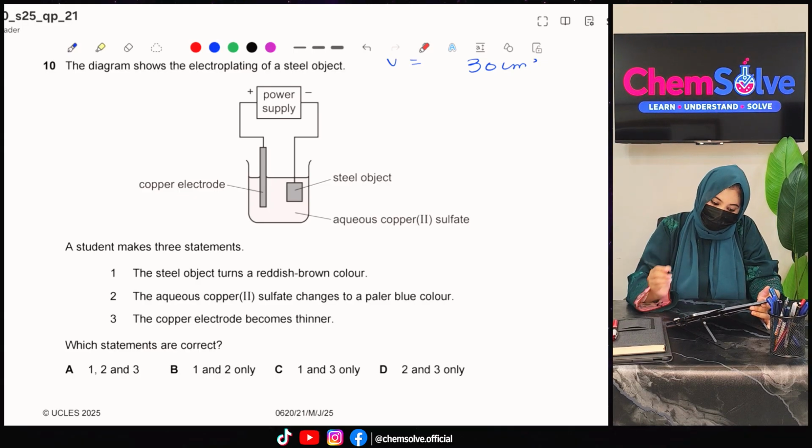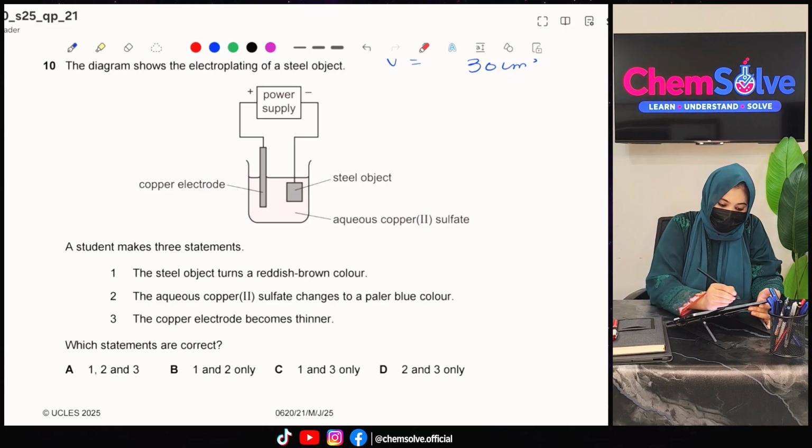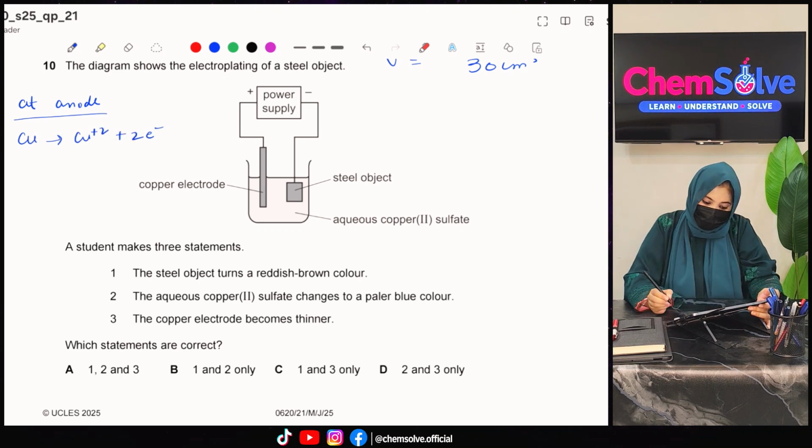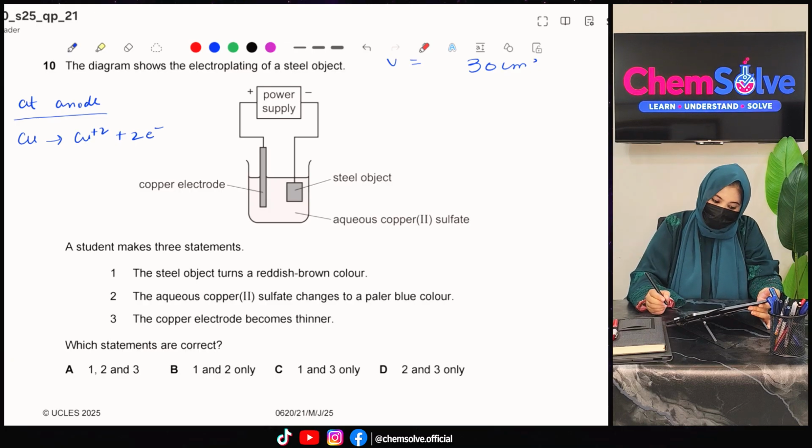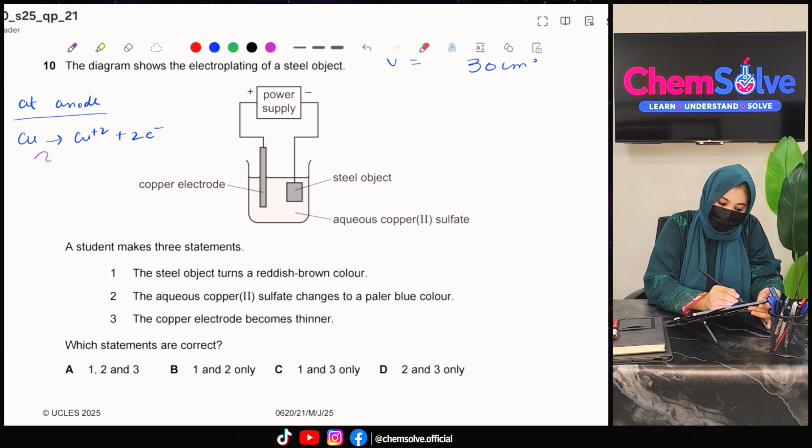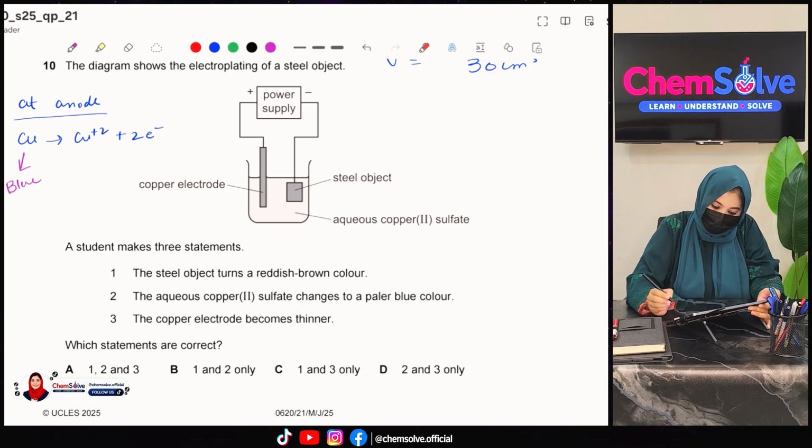Let's see. Copper is anode, so at anode, copper will ionize like this. It will be ionized. So copper is blue in color.